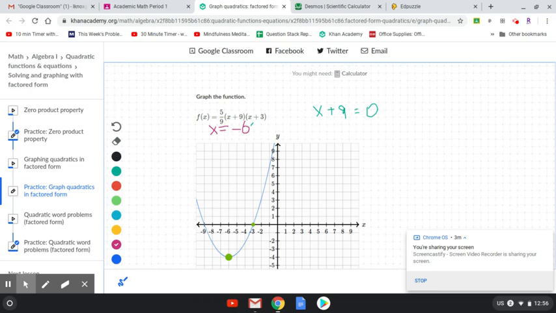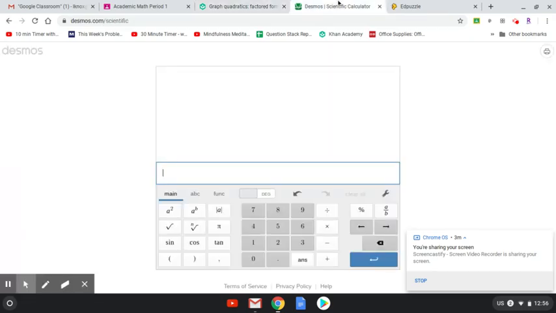So what we're going to do is take 5/9 times x plus 9 times x plus 3 and replace x with -6. I'm going to go over to this calculator here and do that. All right, let's do 5/9 times -6 plus 9 times -6 plus 3.